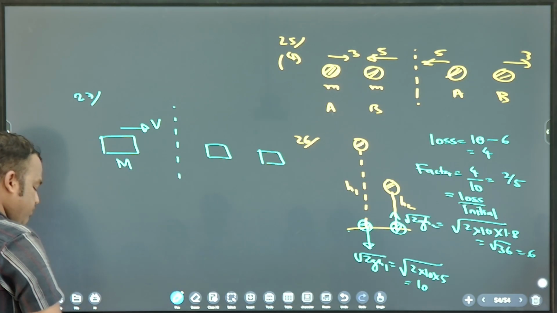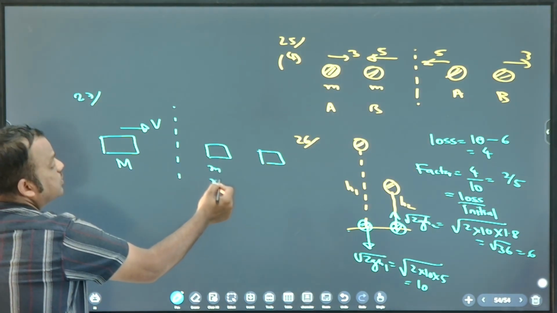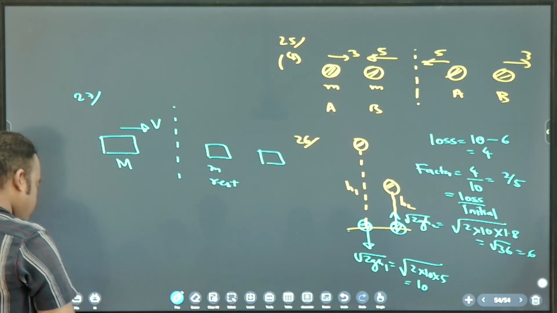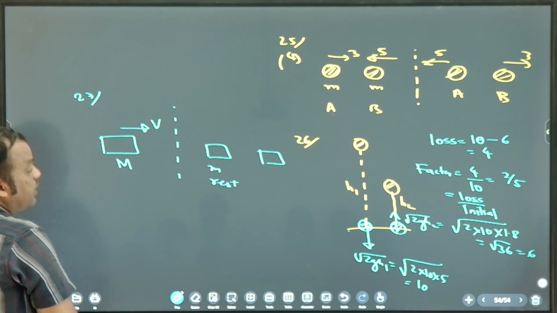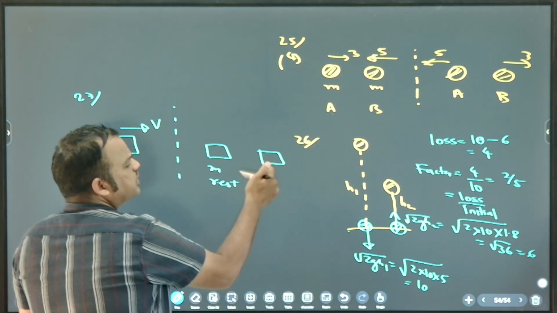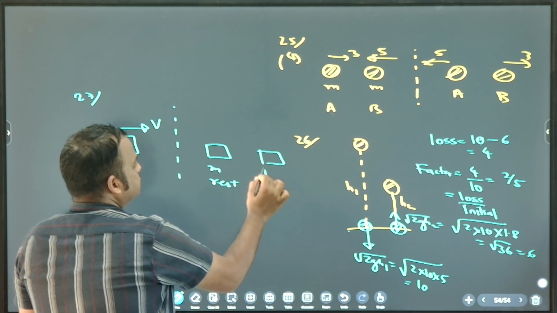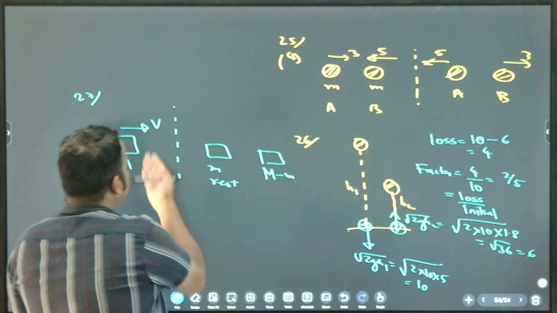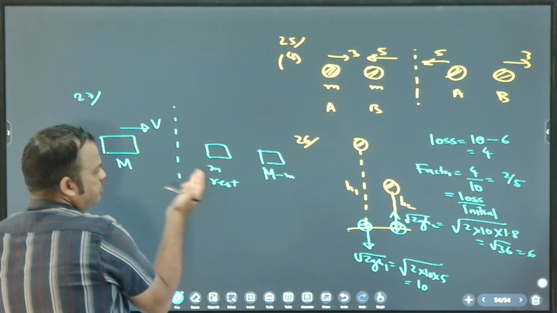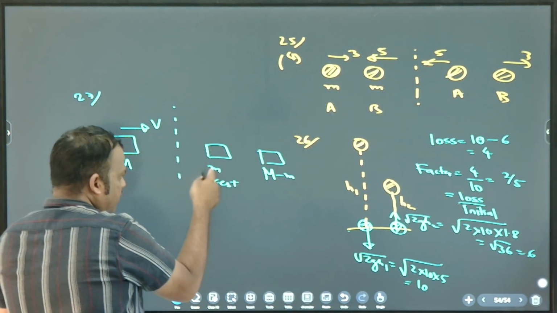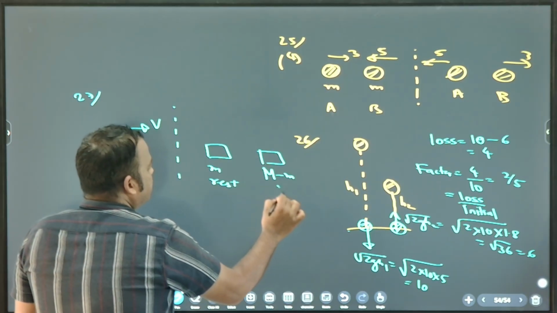Part of it of mass small m comes to rest. Then the velocity of the other? So what is the mass of the other? Mass M minus m, total mass M, one mass small m, so this mass is M minus m. Now velocity v2.